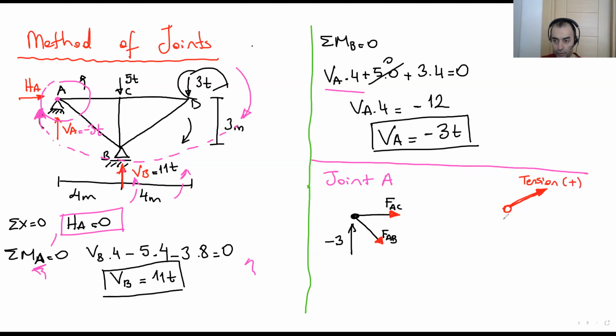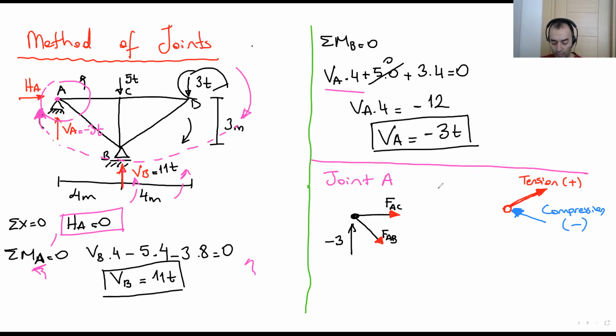If your force goes into the joint like this, it is compression, and it's negative. Here, I don't know if it's tension or compression. That's why I made an assumption. I said that all these forces go out from the joint, so they have tension, they're positive.